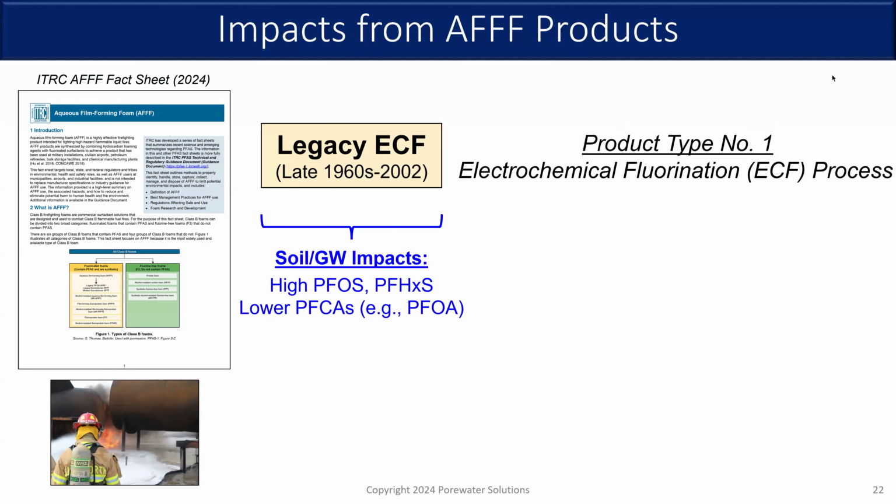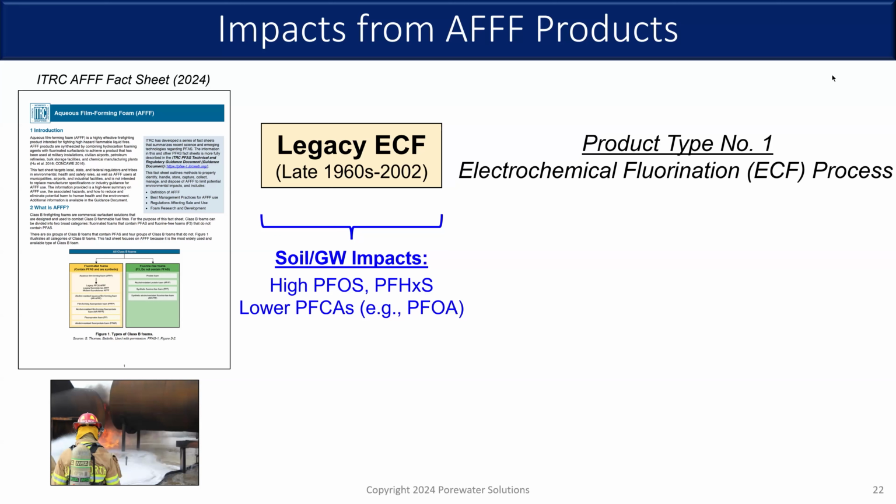So in terms of AFFF products, there's really two manufacturing processes that result in very different signatures in soil and groundwater. The first process we'll call electrochemical fluorination, or ECF. And AFFF is aqueous film forming foam.